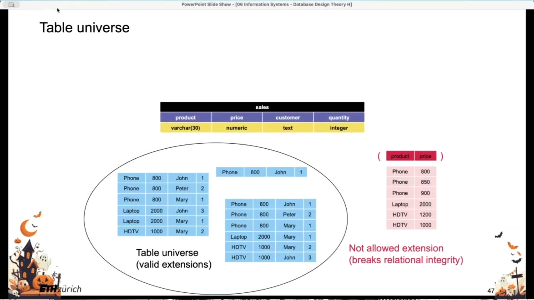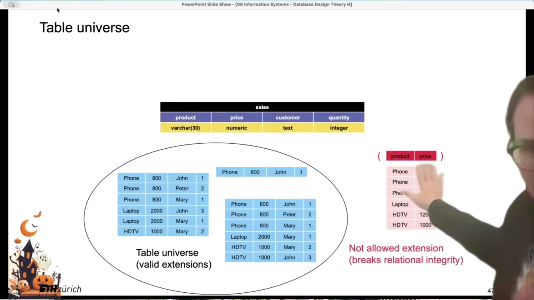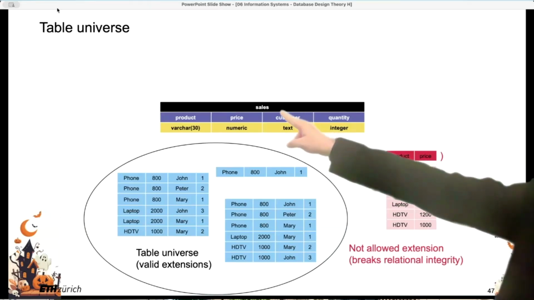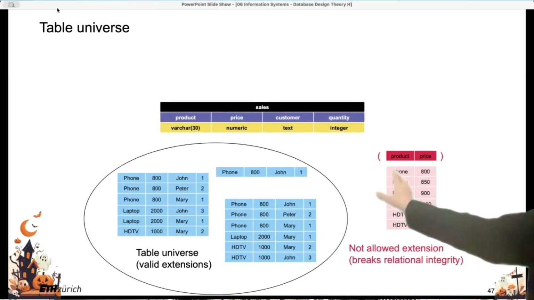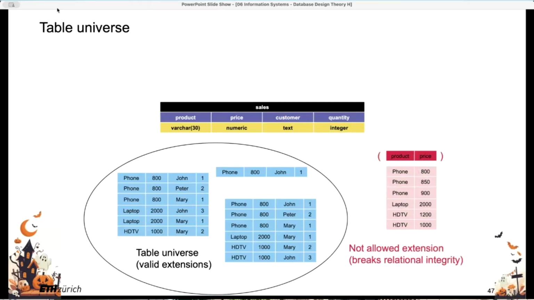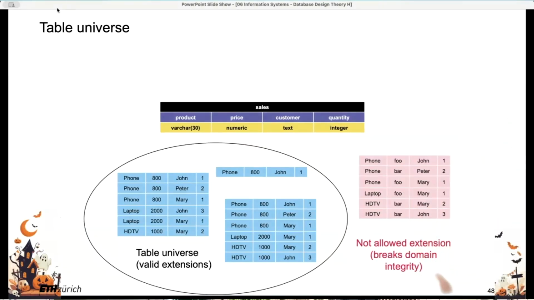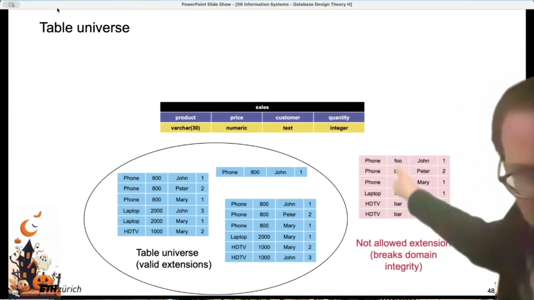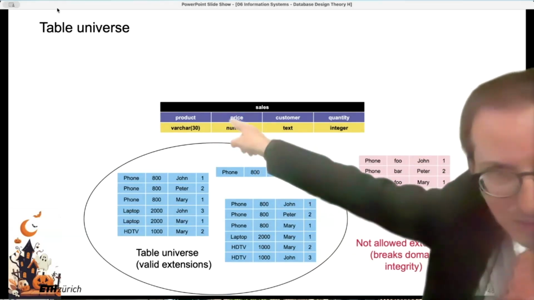For example, if you try to have this, that's not going to work because that doesn't respect the schema, right? So that would break the relational integrity because you only have two values, but you have four of them in there. That is not allowed. Why? Because this is not a numeric. You see, that says price numeric.